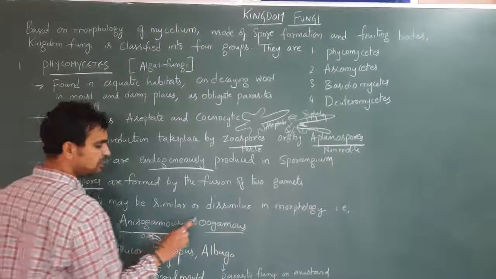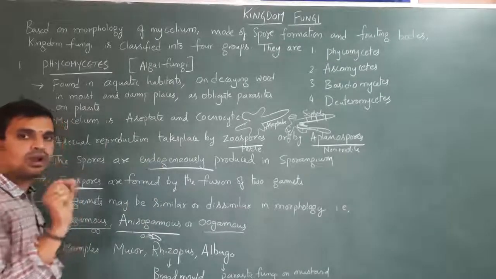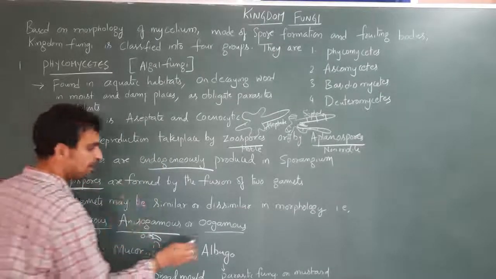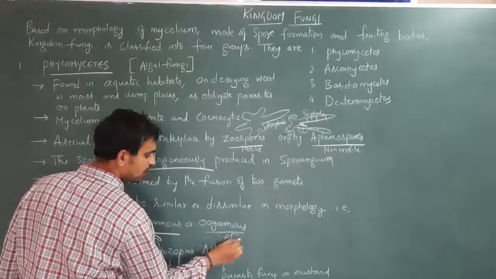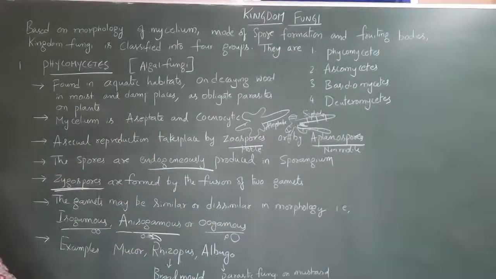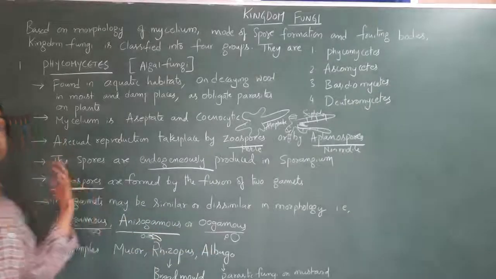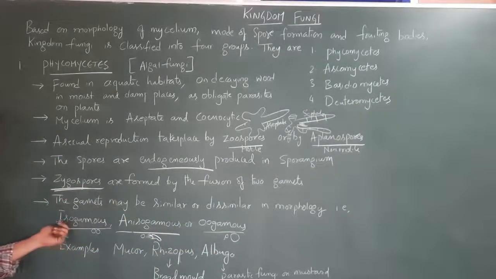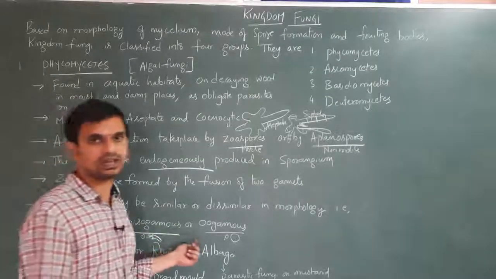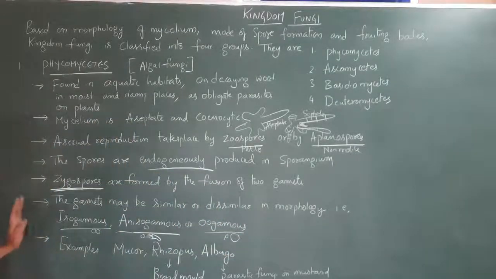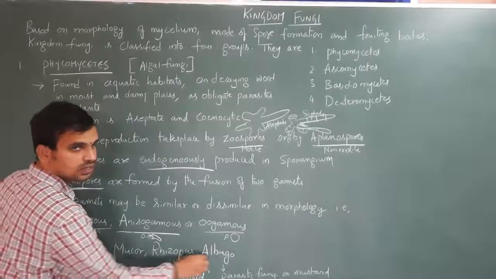Here the fusion takes place between the small motile male gamete and the large non-motile female gamete. Then it is called oogamous. So any type of reproduction in fungi may be isogamous, anisogamous or oogamous. Examples of the phycomycetes are mucor, rhizopus, albugo.